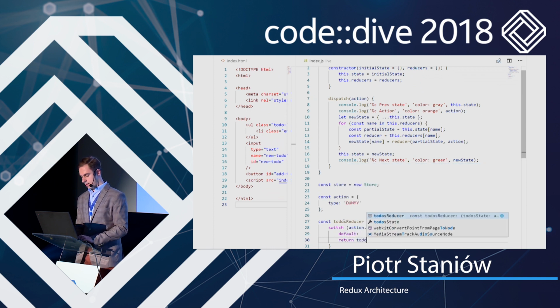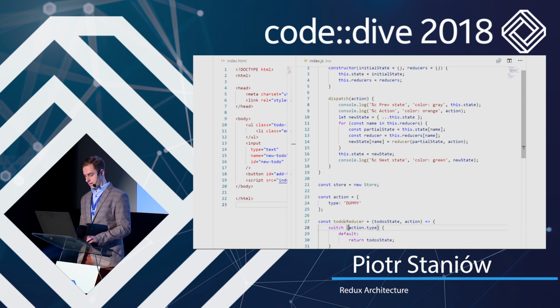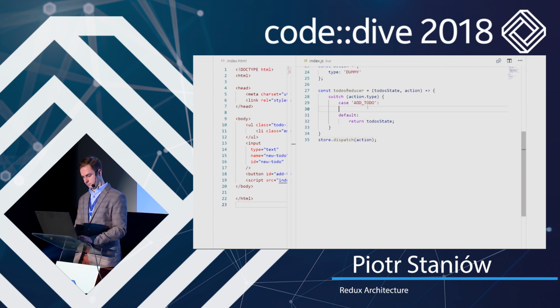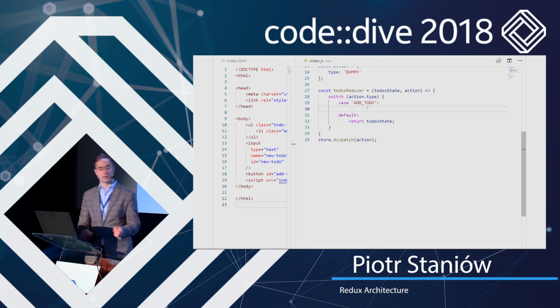So if we don't recognize the action being dispatched, just simply return the state. Nothing's changing, the reference is still the same, and we are not changing anything. But if it's something that we'd like to handle, like add ToDo, we can do something with that.